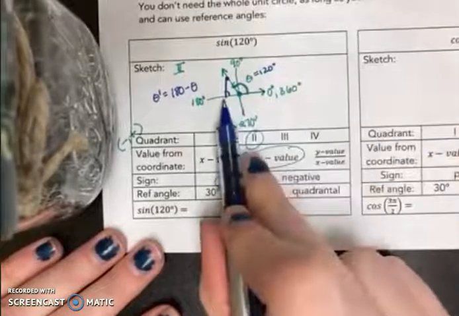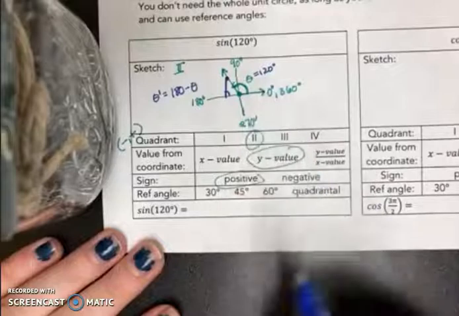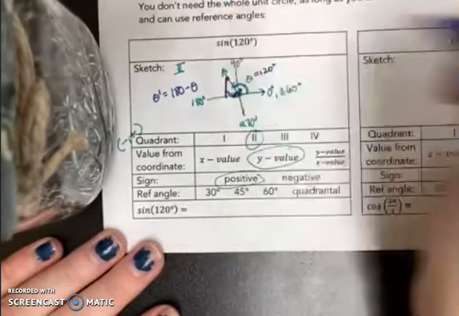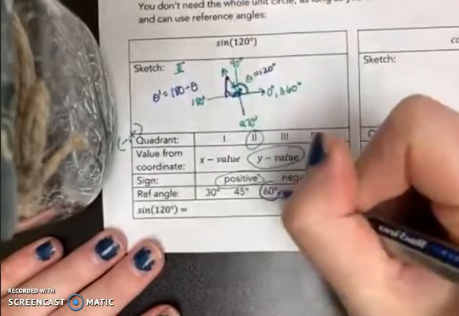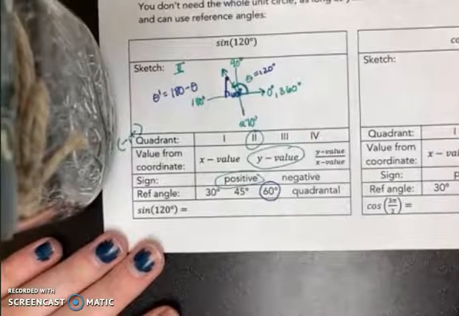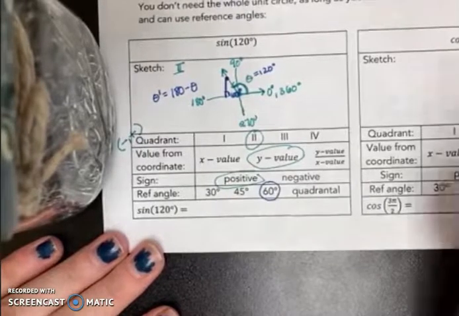So 180 minus 120 gives me 60 degrees. So I have a 60-degree reference angle. The reason why that's so important that I'm able to distinguish that is because now I can assign the values of my special right triangle.